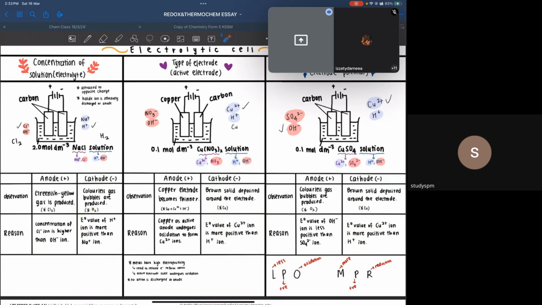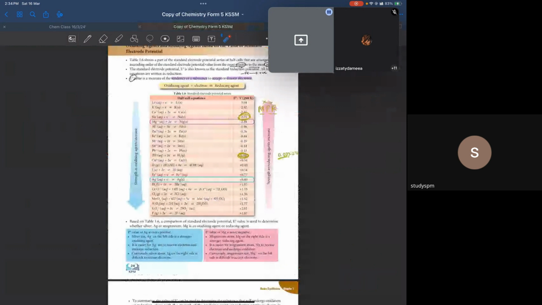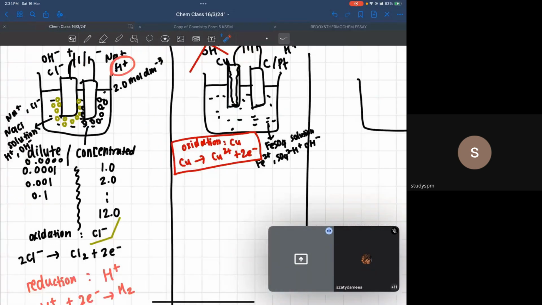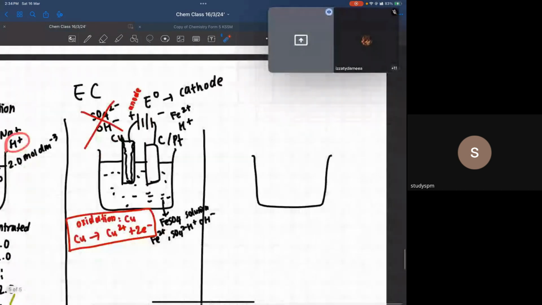This clearly shows that for cathode, the factor is always E value. No matter what. So you saw copper, zinc, it's memang E value. So don't worry. Cathode is very easy. Okay, so now we move on to the last one.